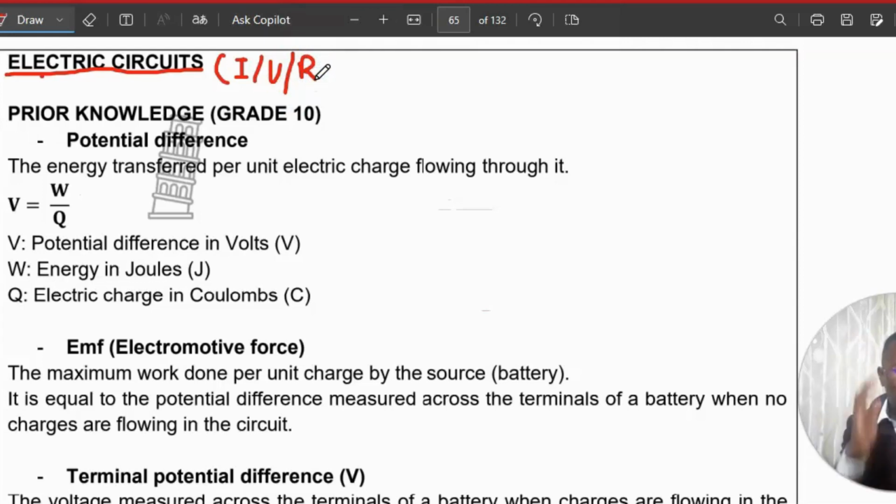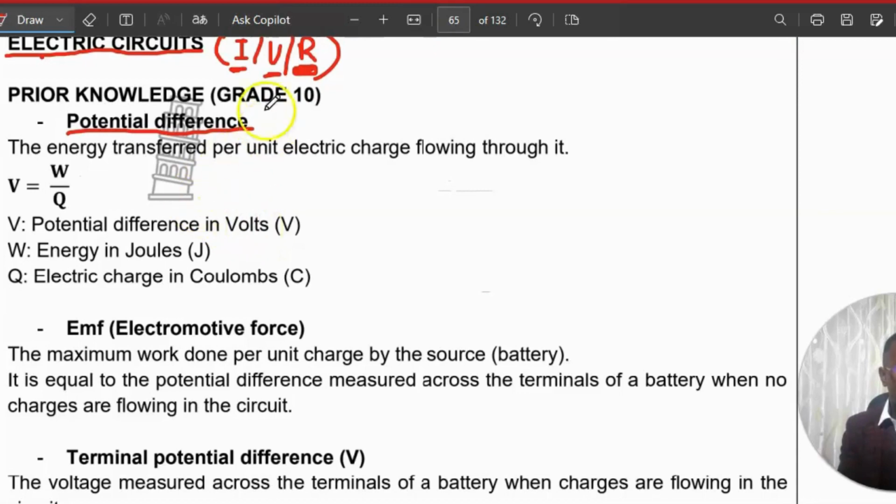That's what should come to your mind whenever you think about electric circuits, because these three powerhouses define what a circuit is. In order to understand anything that has to do with circuits, you must first understand potential difference, which is measured in volts, current, which is measured in amperes, and resistance, which is measured in ohms. That's the whole idea of Ohm's law.